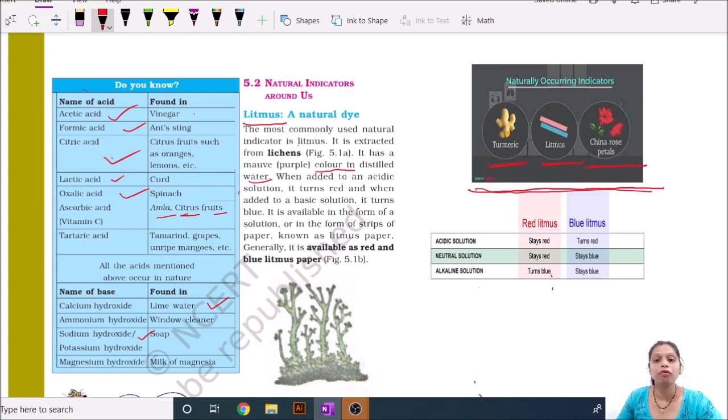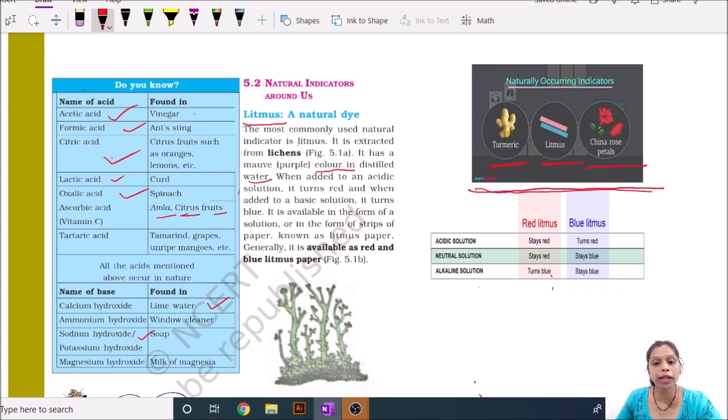Whenever we add litmus solution to an acid, the color of the solution turns red, and when we put litmus in a base, its color changes to blue.